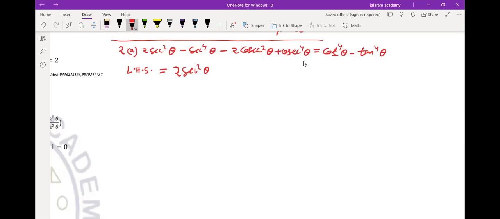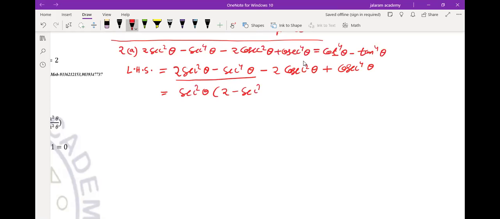2 sec square theta minus sec to the power 4 theta minus 2 cosec square theta plus cosec to the power 4 theta. If we take sec square theta common from the first two terms, sec square theta into (2 minus sec square theta).